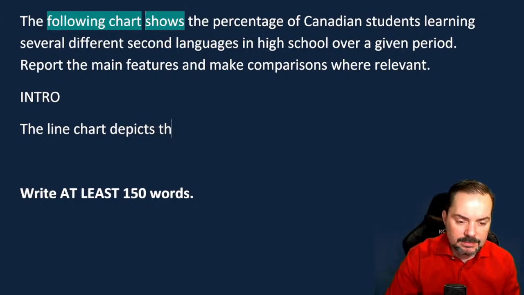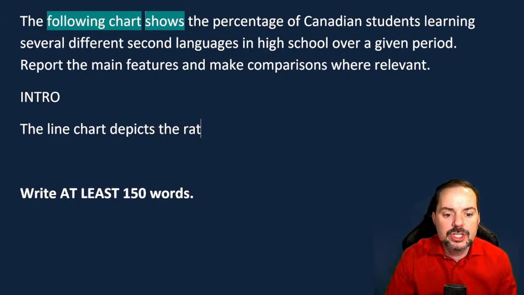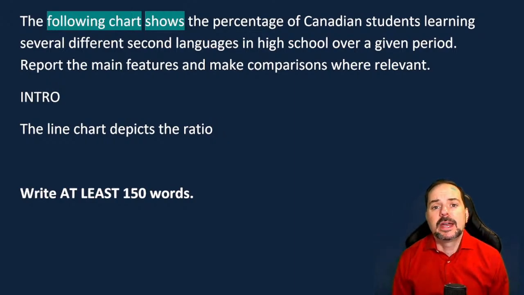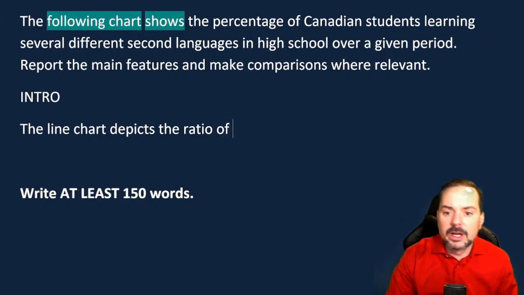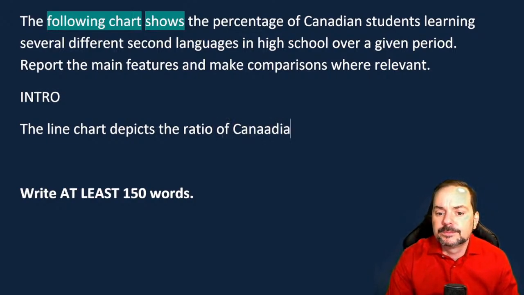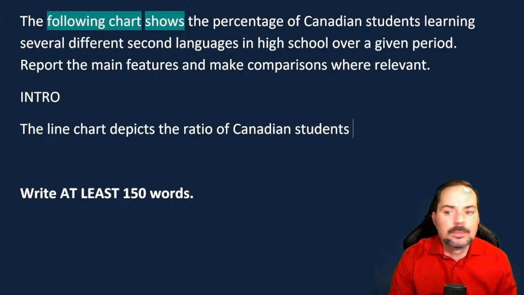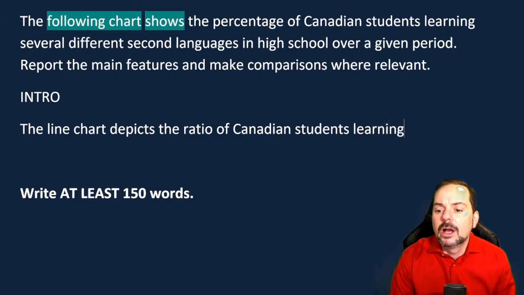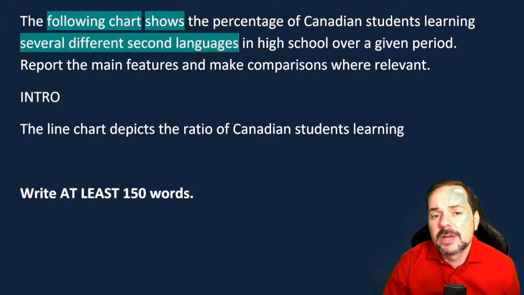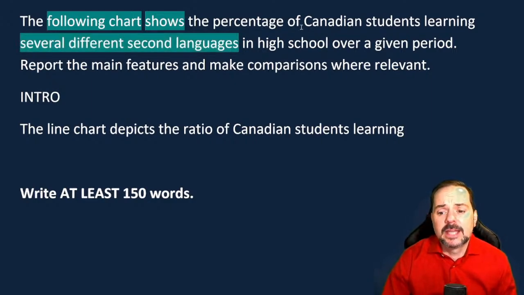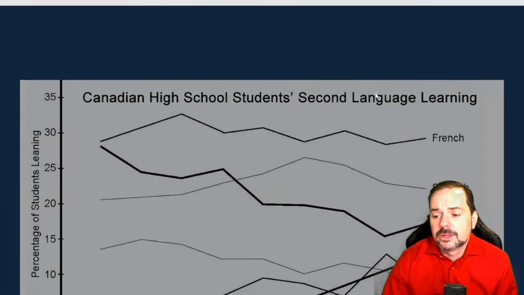Depicts the ratio. Okay, percentage is a ratio. So if you have a certain percent, you have a certain ratio. The ratio of Canadian students learning, and then here it says several different second languages. Okay, so instead of writing several different second languages, I can just write what they're learning.